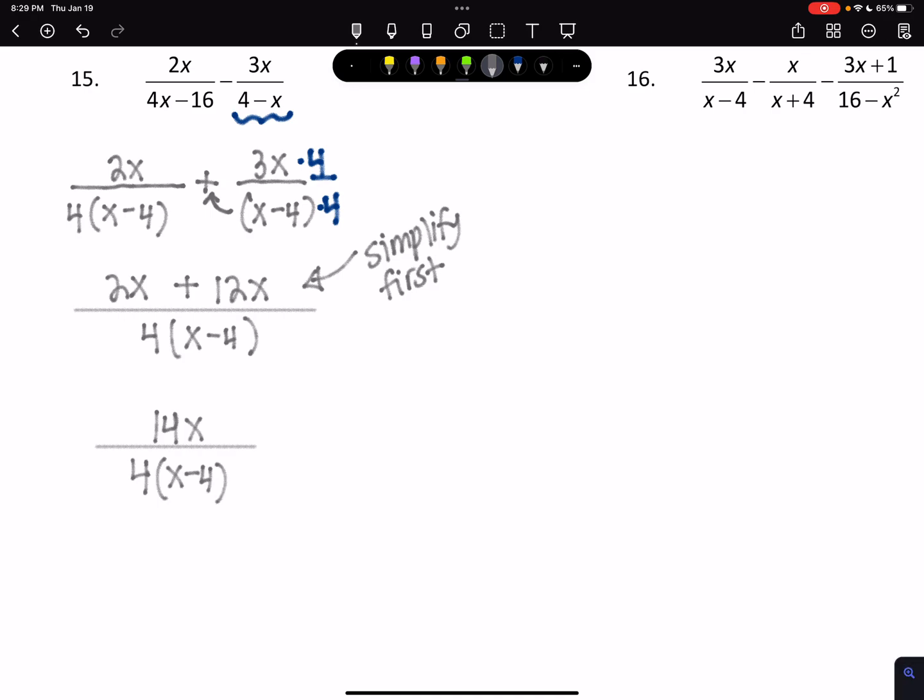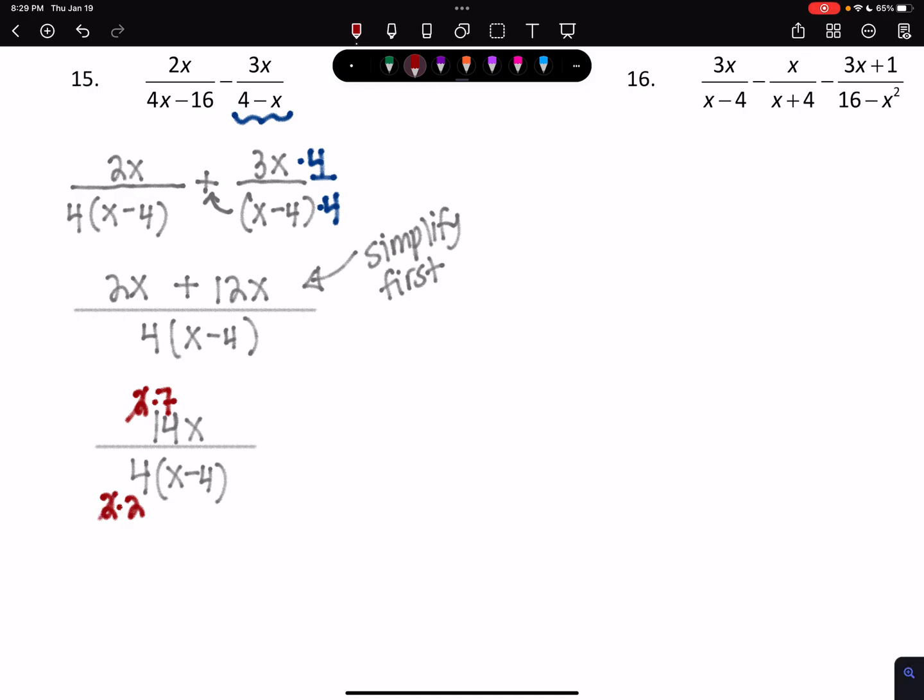Now, in that 14, I have a 2 and a 7. And in the 4 in the denominator, I have 2 2's. You can think of it that way. So that's how my brain kind of sees it. I see 14 as 2 times 7, and I see 4 as 2 times 2, and then these 2's cancel out.